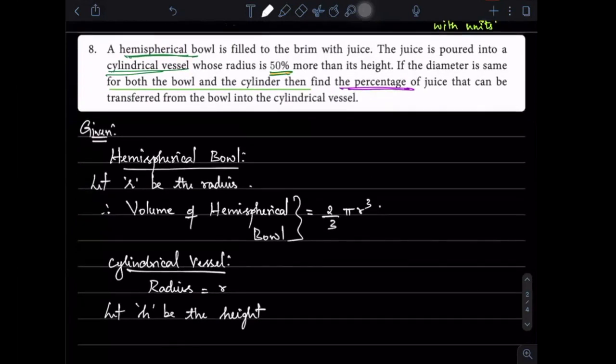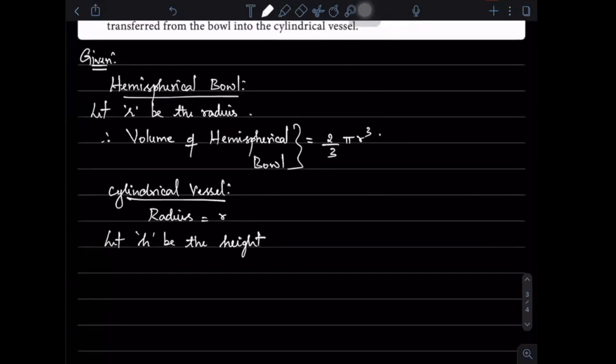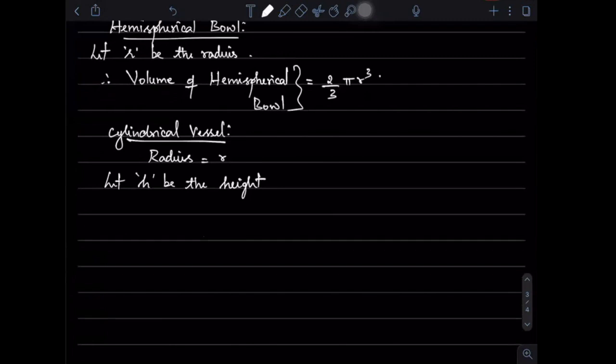50% more than what? Whose radius is 50% more than its height. If I take h as the height, then its radius is 50% more than its height. Correct? So what comes?